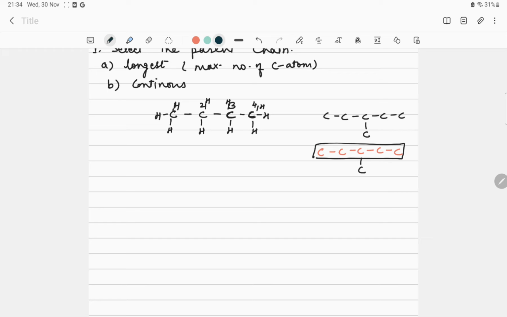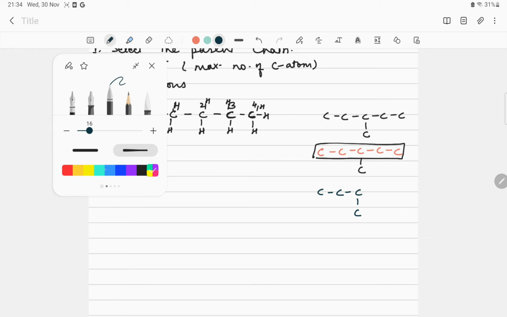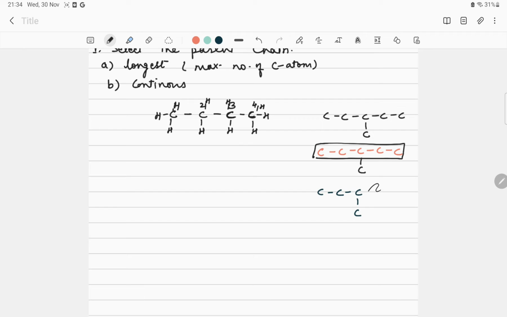Now the other possibility which can be selected as the parent chain is 1, 2, 3, 4. You can see that these 4 atoms are in continuation. So that is how this can be another parent chain, while these 2 will be separate atoms. So this is another possible parent chain, a continuous chain 1, 2, 3, 4.